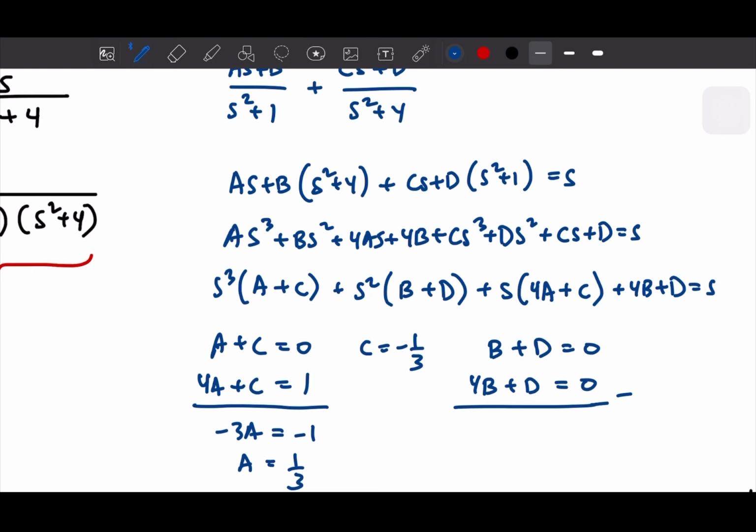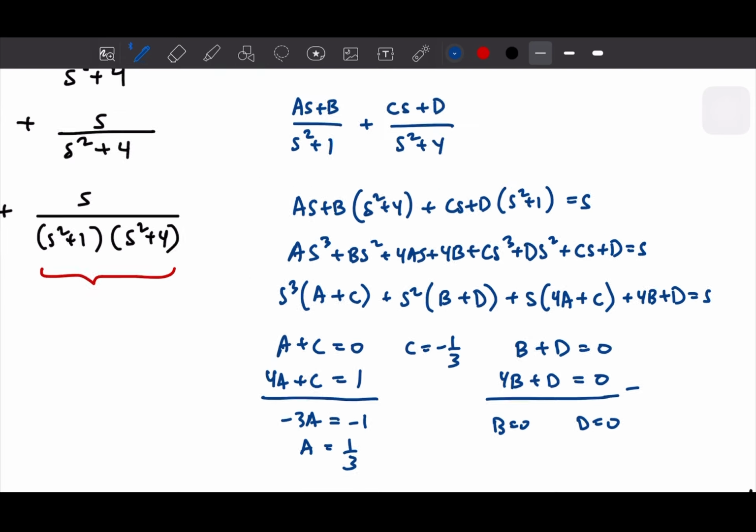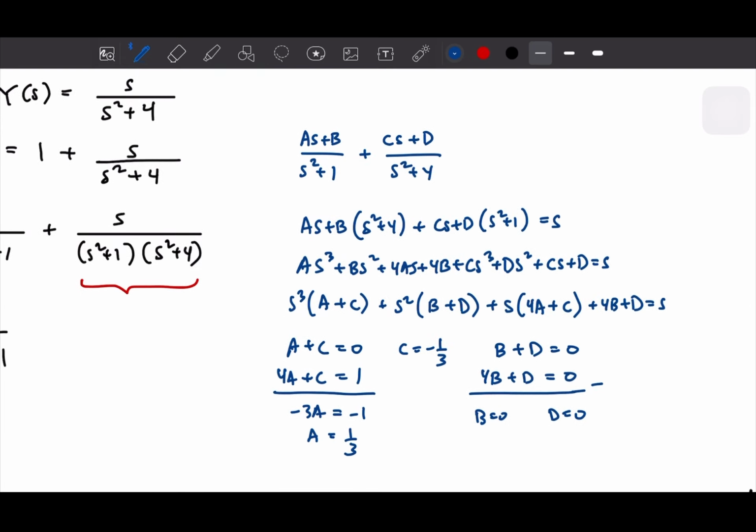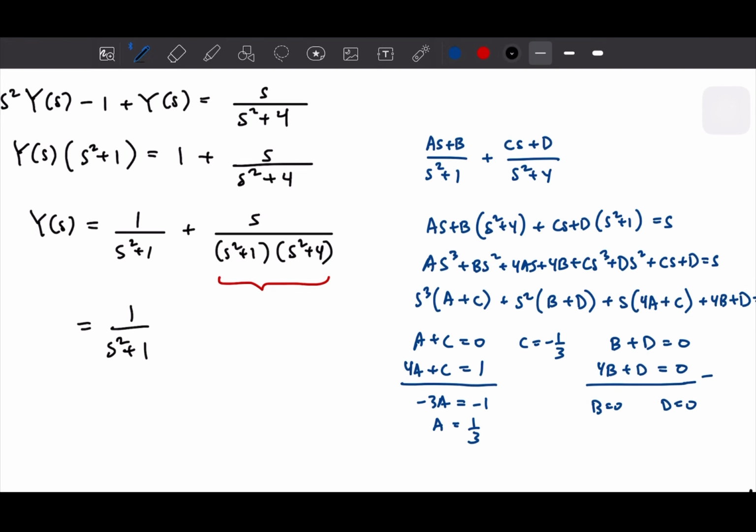So b and d are both 0, right? So we could have the result as 1 over 3 times 1 over s squared plus 1, minus 1 over 3 times s over s squared plus 4.